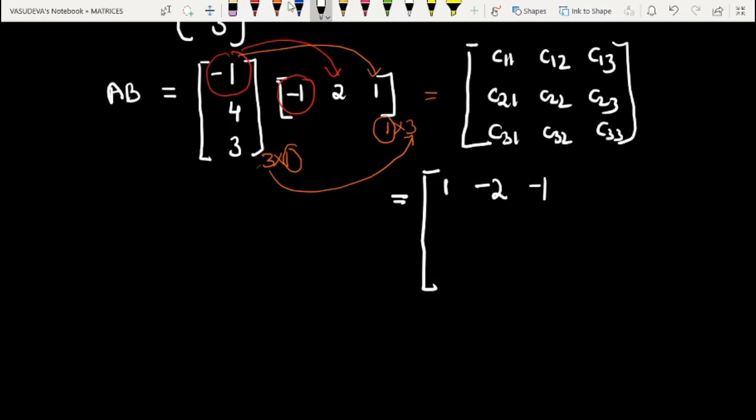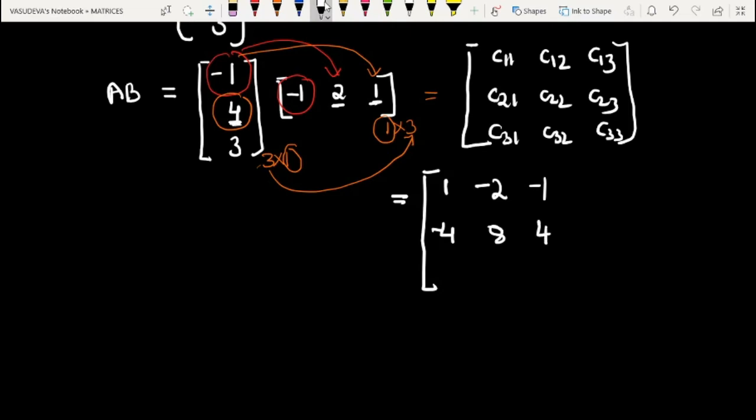So now that is over. Next we take the 4 and multiply it with all the elements minus 1, 2, 1. So 4 into minus 1 is minus 4, 4 into 2 is 8, and 4 into 1 is 4.